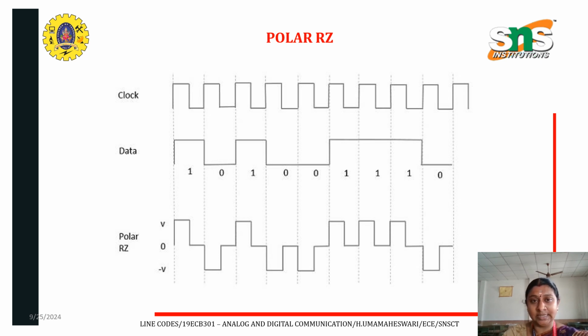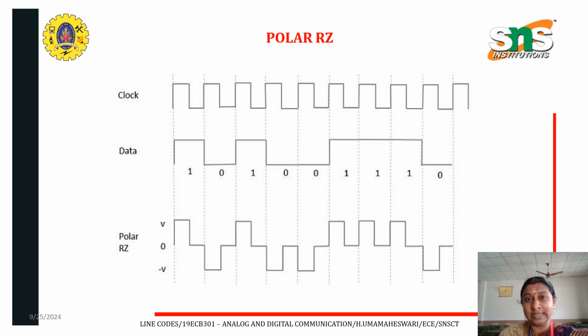Then polar RZ. From the name itself, we can define that it is a return to 0, so every pulse has to return to 0. If we have 1, in the first half cycle it will be in the positive part. Then in the negative cycle, it has to return to 0.